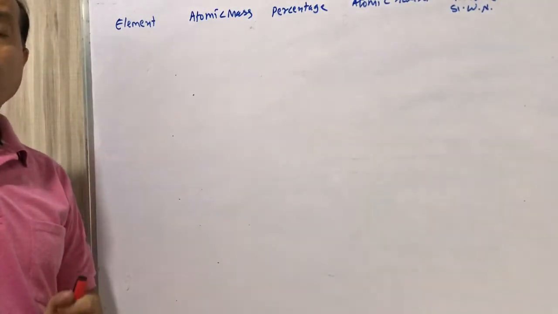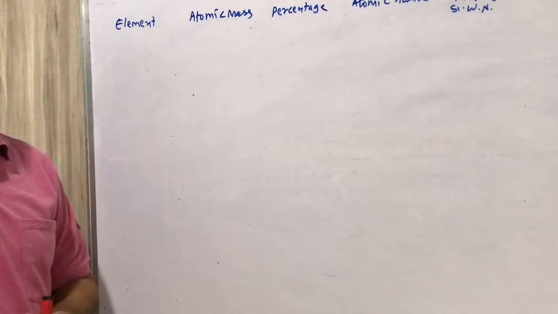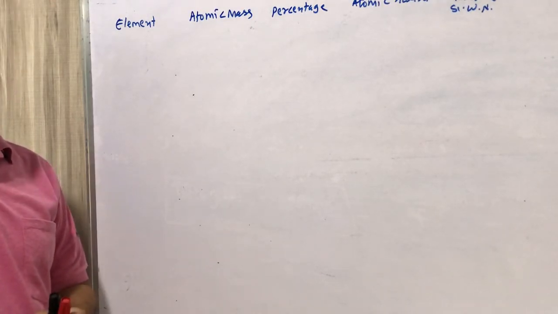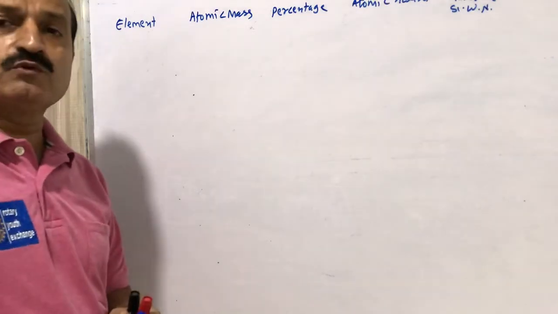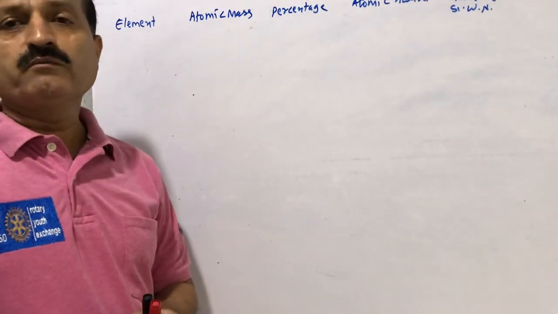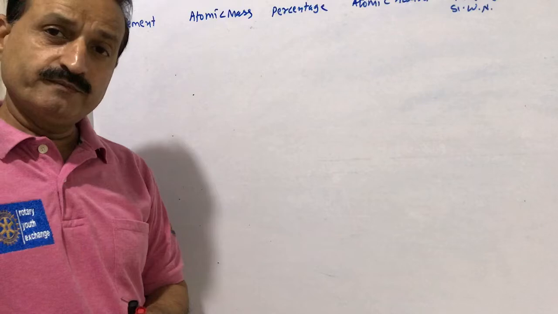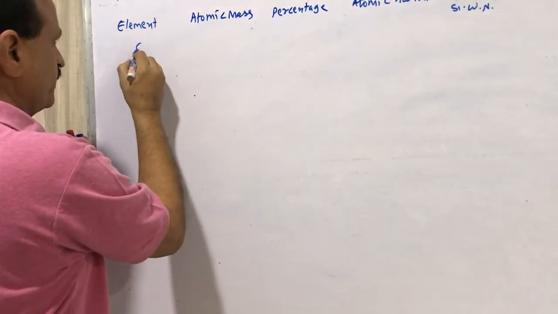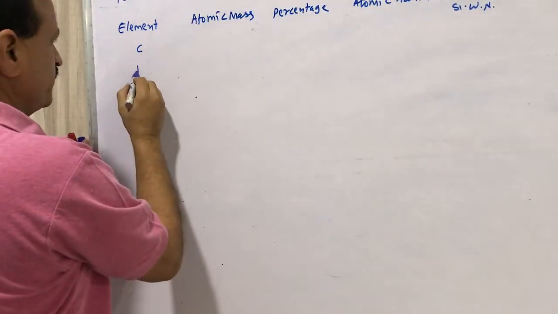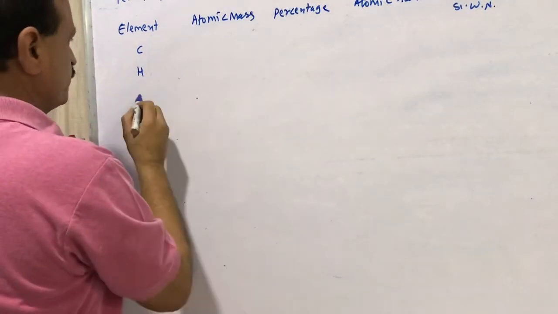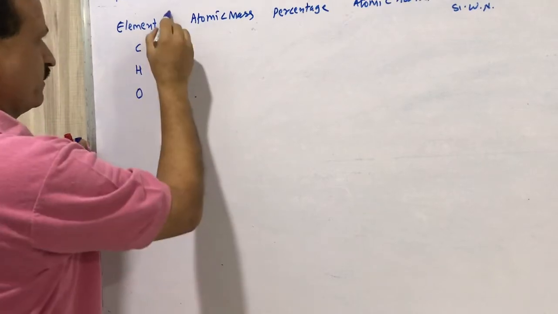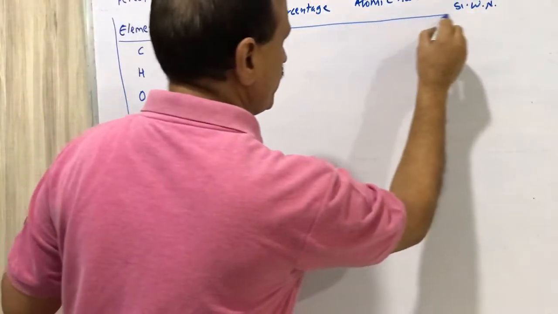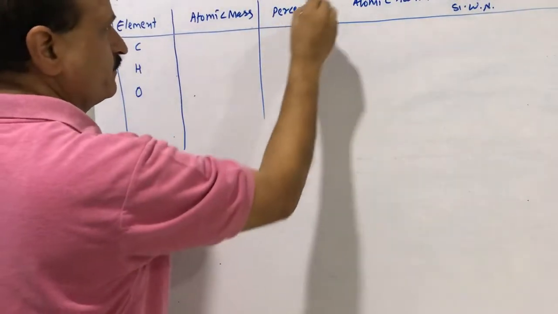With the help of the molecular mass you can easily find the empirical formula and the integral number, and the integral number will help you find the molecular formula. Now the elements are carbon, hydrogen and oxygen. The elements are clear: carbon, hydrogen and oxygen.